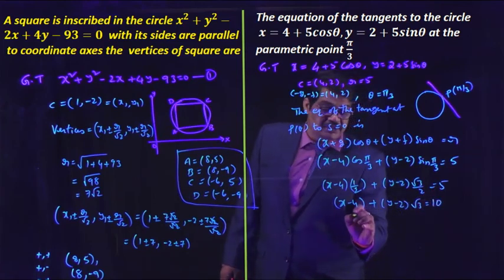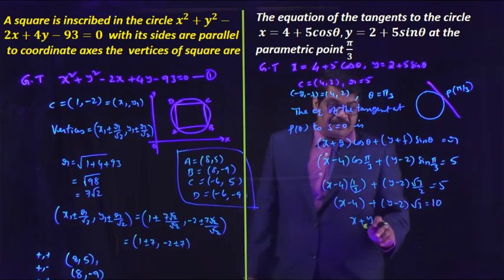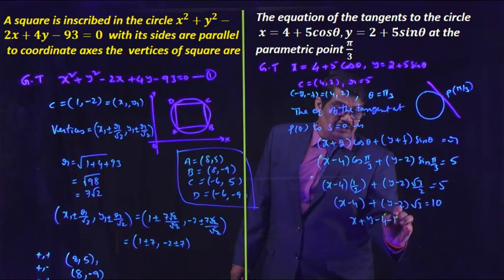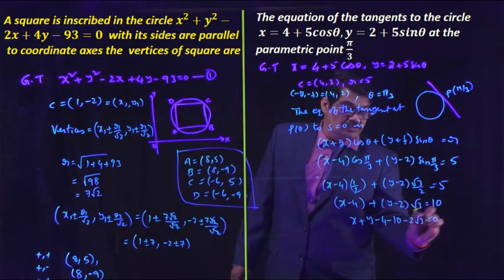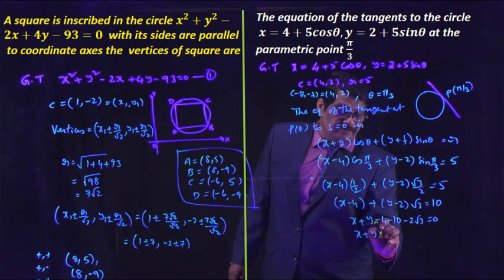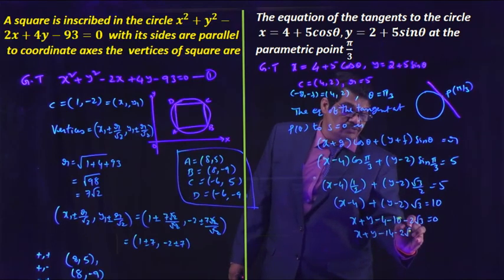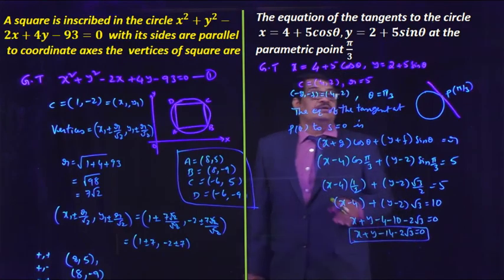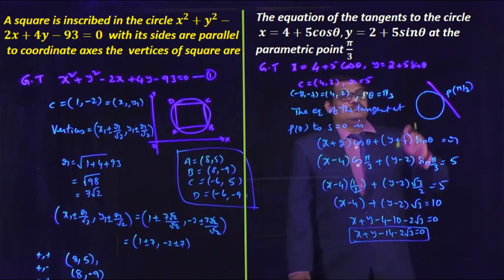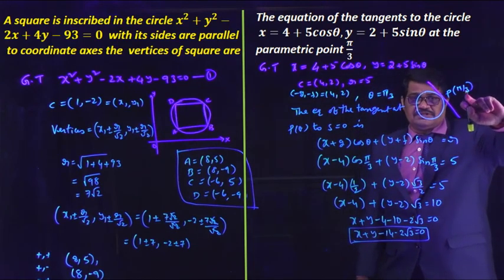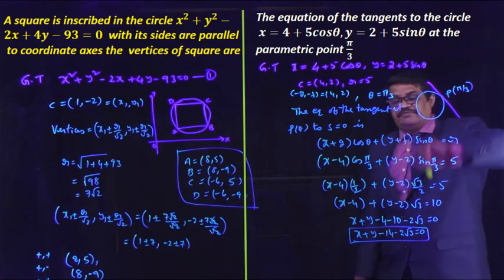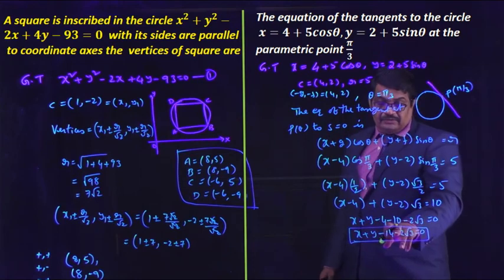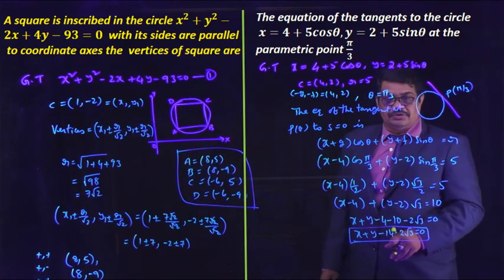From this equation we get x plus root 3 y minus 14 minus 2 root 3 is equal to 0. This is the equation of the tangent at the point P of pi by 3, the tangent in parametric form: x plus root 3 y minus 14 minus 2 root 3 is equal to 0.